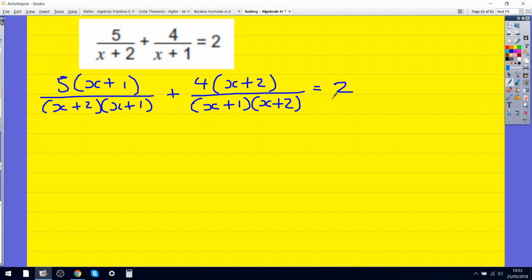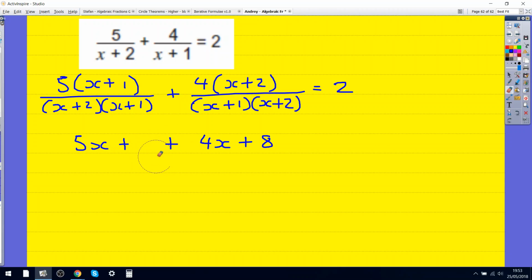And then if I expanded the numerators, it would be 5x plus 5, plus 4x plus 8. Hold on, not plus 2. And actually the other one isn't plus 1 either.